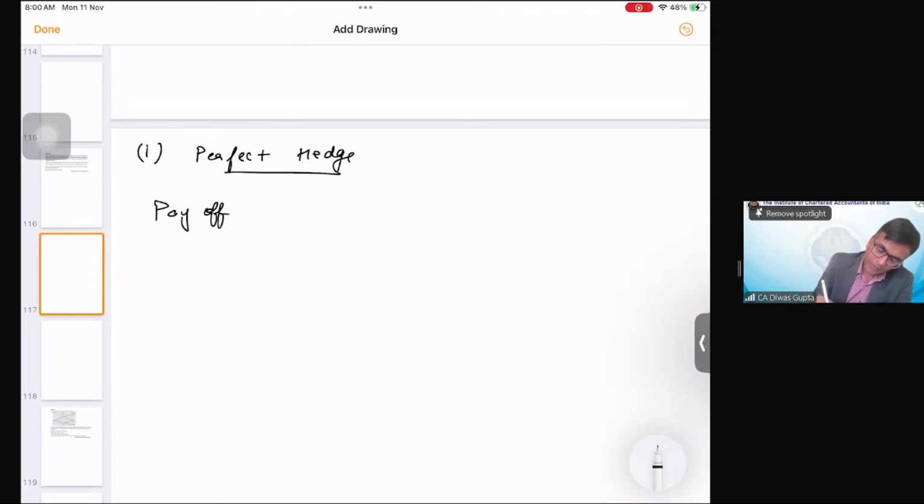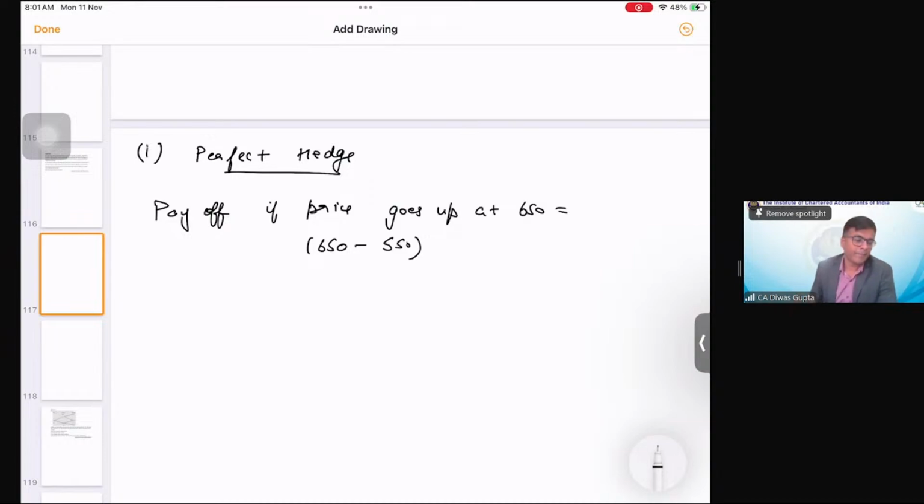Payoff if price goes up at 650. So this will become 650 minus 550, right? Which is actually 100. So 550 is the strike price, 650 is the expected price, and hence the payoff will become 100.